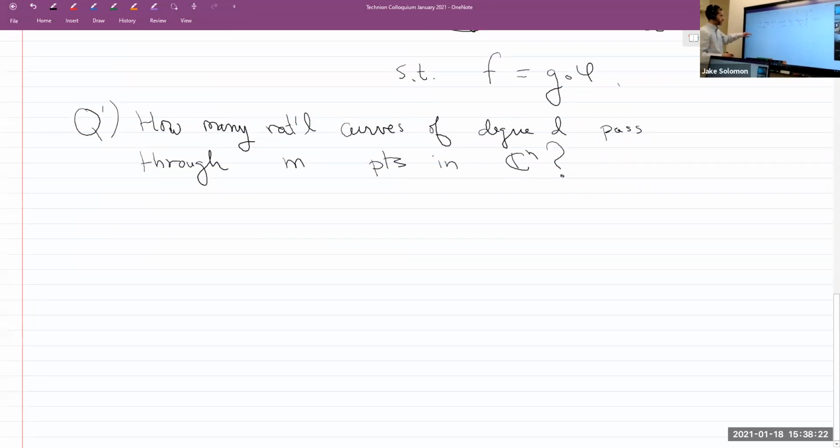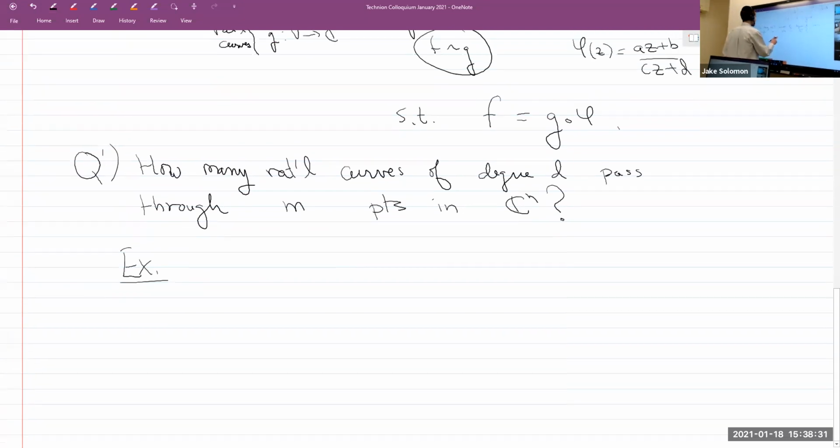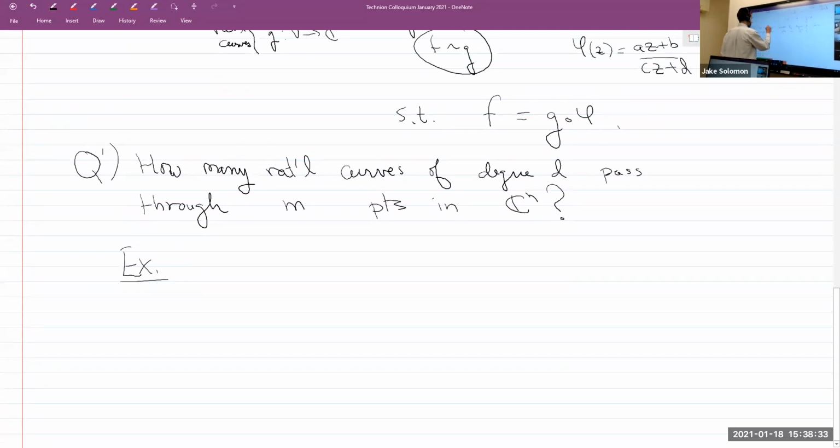Okay, so that's a bit of a down-to-earth question. And let's do some examples to get a feeling for this. When I say rational curves, I should say up to equivalence. So the example here is, let's consider d equals 1.